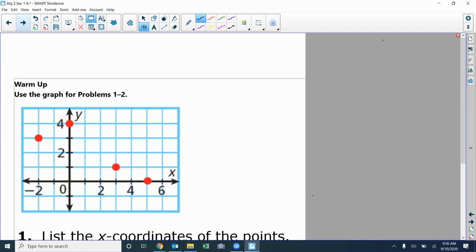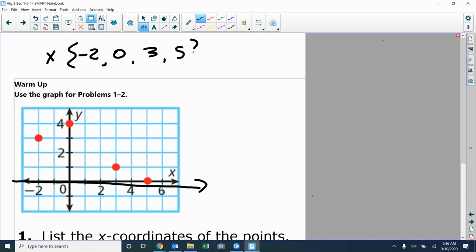Cartesian coordinate system. Hopefully you know what the x is. This is my x-axis, this is right along this line right here. Okay, so my first x here, my x would be what? -2. Our next x would be 0, just to review here, the next x would be 3, and the next x would be 5.